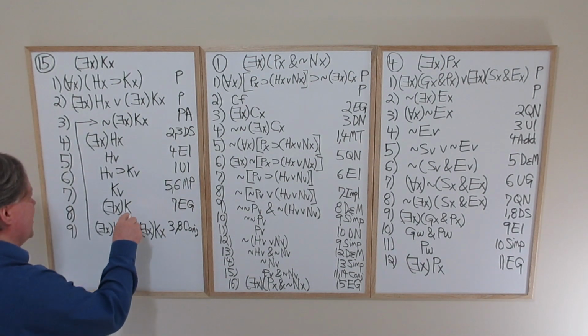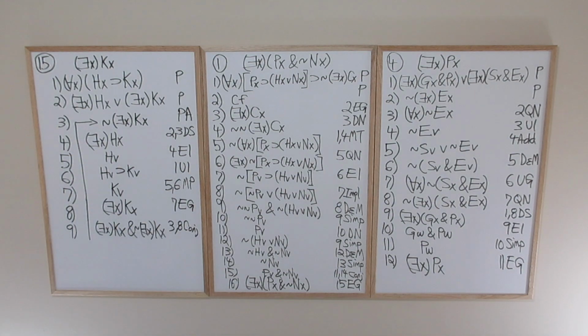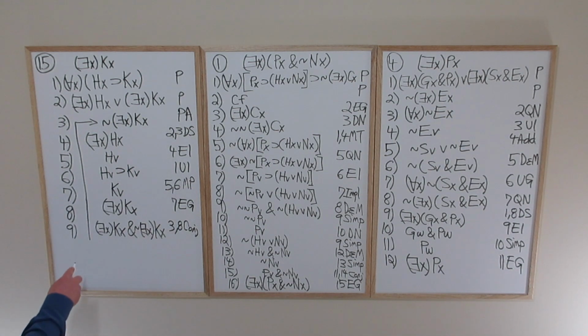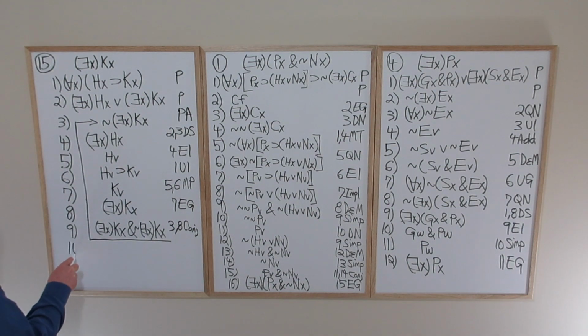When we do the EG, we're going to remove the free variable and put the x bound variable. So now when we go 3, 8 conjunction, we end up with there's at least one x such that x has been to Krakow, and it's not the case that there's at least one x such that x has been to Krakow.